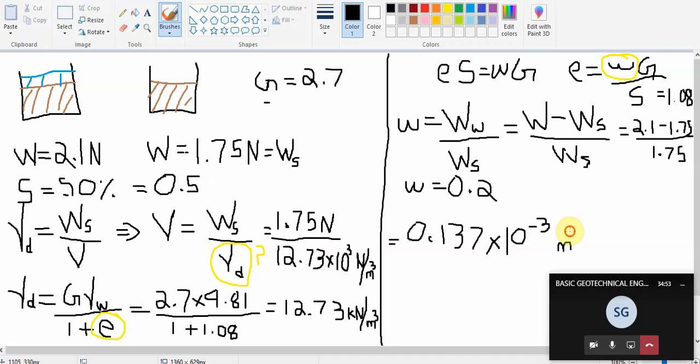Newton and Newton will get cancelled and we will get the answer in meter cube. So this is the question and the answer is 0.137 into 10 raised to minus 3 meter cube. We'll move to the next problem.